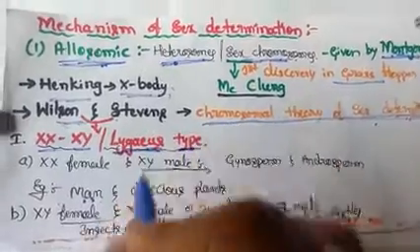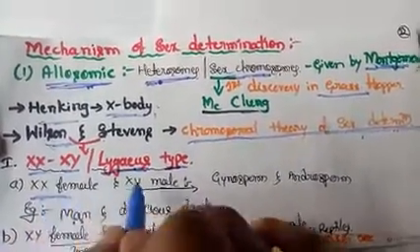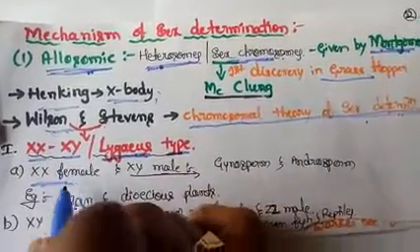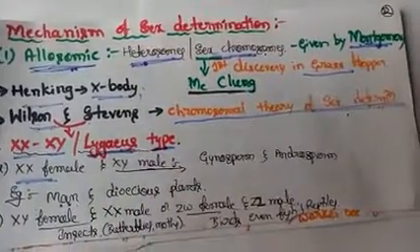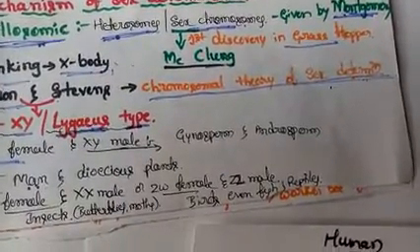So let us see how. In this Lygaeus type, XX is female and XY is male. So what happens?